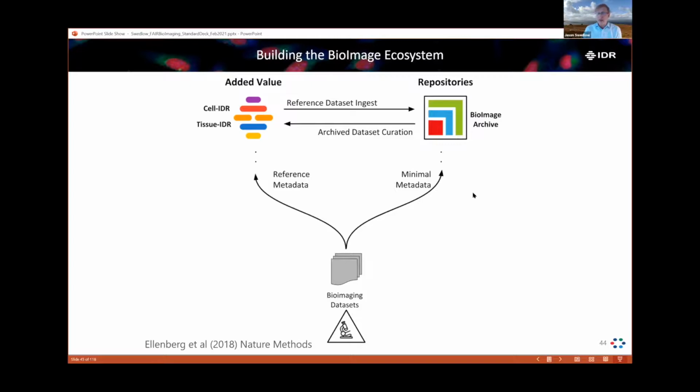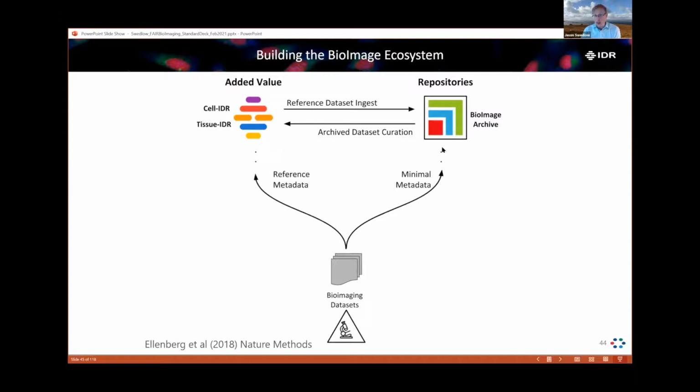EBI has led the way in defining that specification, which will hopefully be published quite soon. There's a paper in revision. For those studies which are reference data, there's a specification that's a little bit broader, the so-called reference metadata specification, that would come into, for example, the IDR.